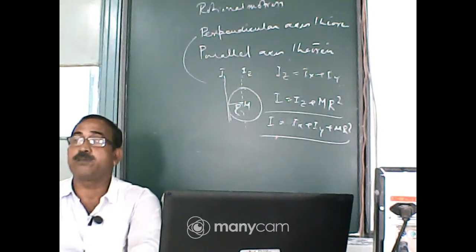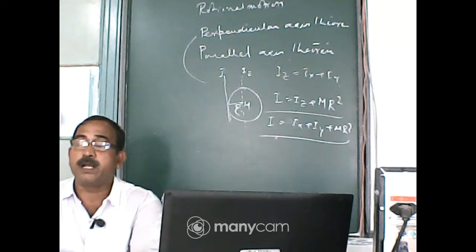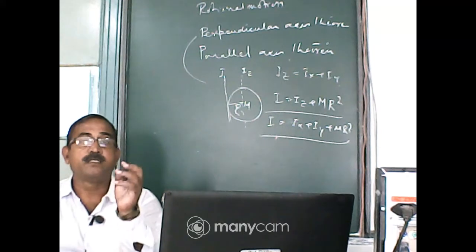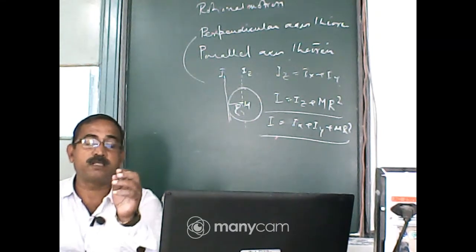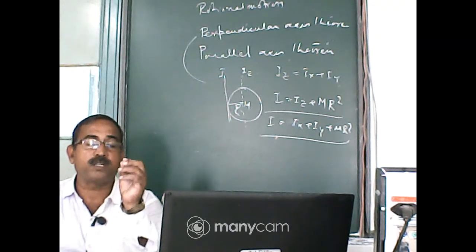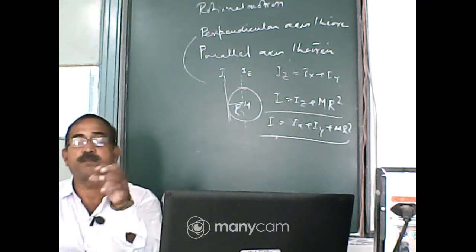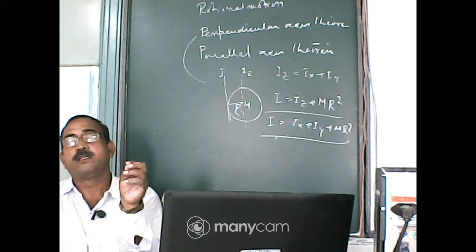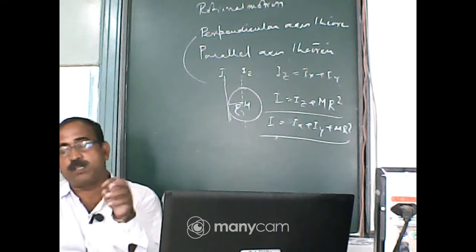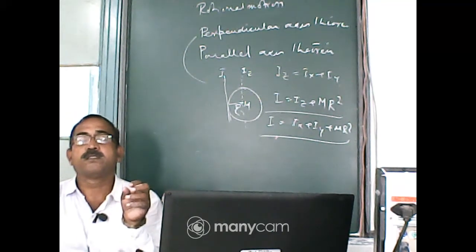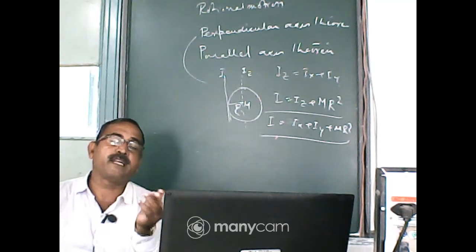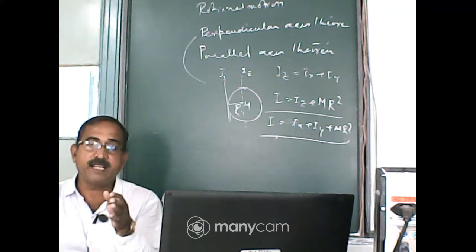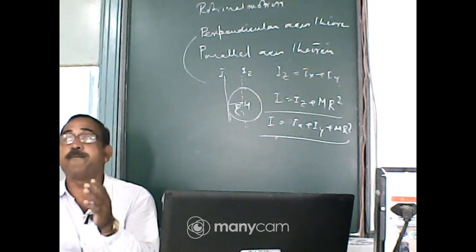That means when you consider the kinetic energy of the rolling motion, it is equal to the sum of the rotational kinetic energy plus the kinetic energy of the translation motion. That means half I omega square plus half mv square.